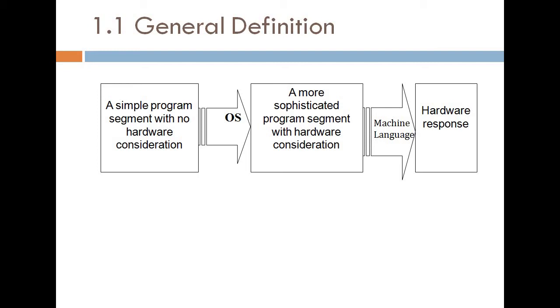And finally machine language translates this program segment to give a response from hardware, because in hardware there are only 0 and 1, machine code, binary bits. They only understand memory bits. So machine language converts this sophisticated program segment into machine language, and finally the hardware responds.